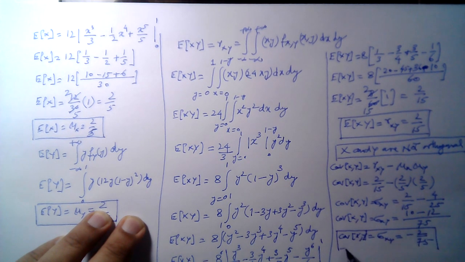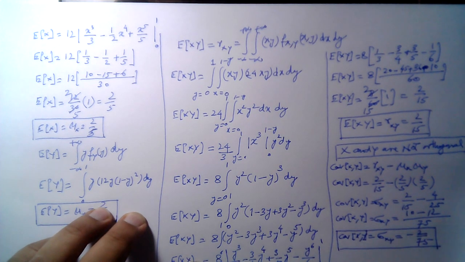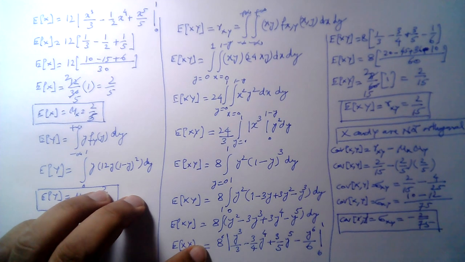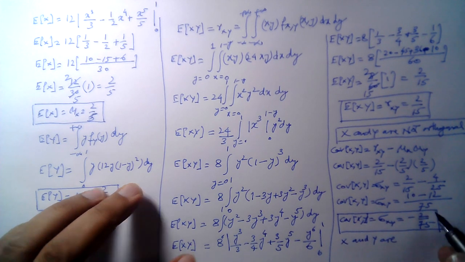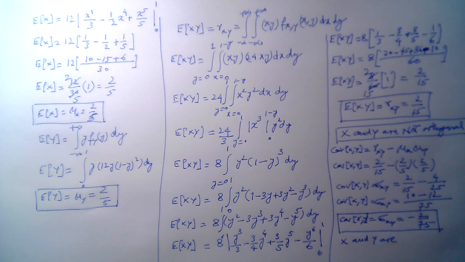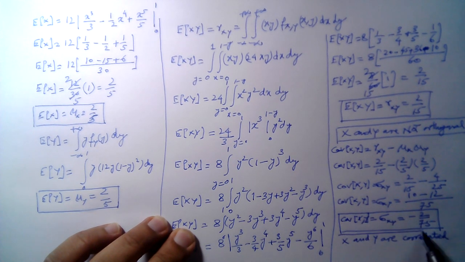So the covariance of x and y is a negative quantity, but this is not 0. Hence we can say that the random variables x and y are correlated.